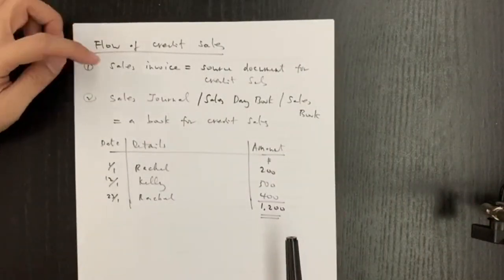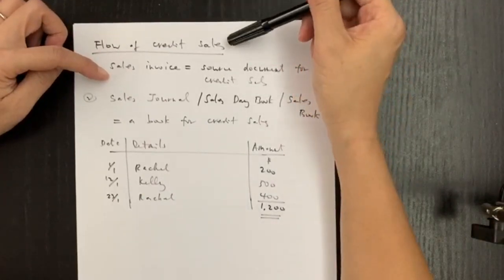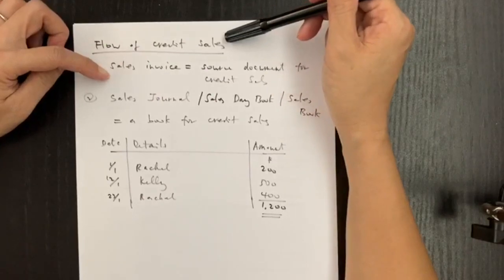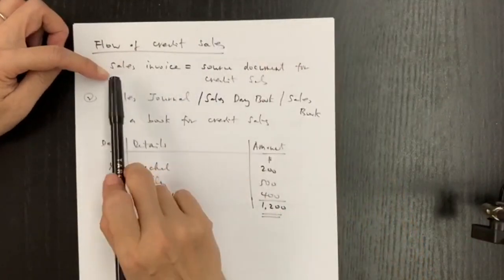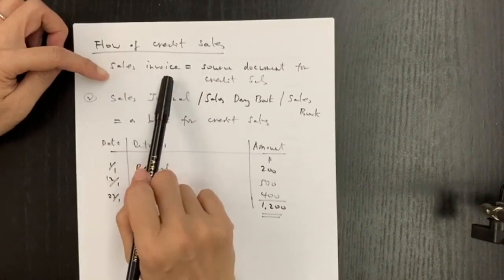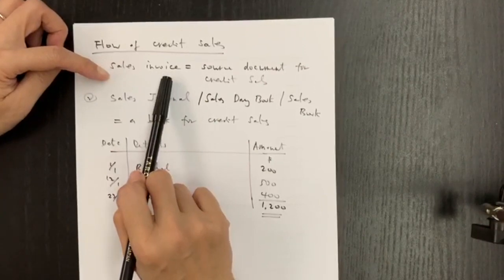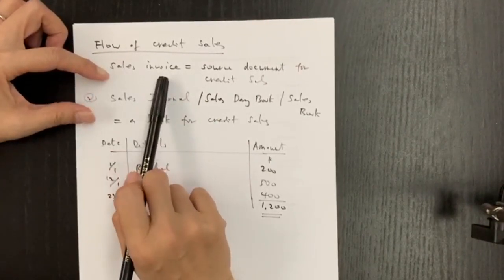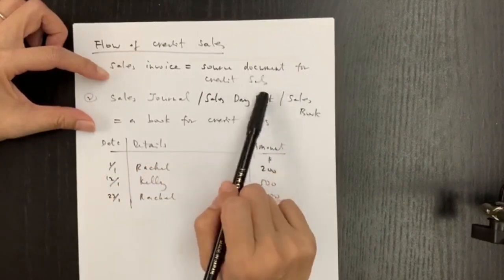Flow of credit sales means after making sales to the customer, we have no money received yet from the customer, but we still need to do communication, and then we send the sales invoice to the customer to remind them how much they owe money to us and when should they pay us money. So that is what a sales invoice is, which is a source document for credit sales.